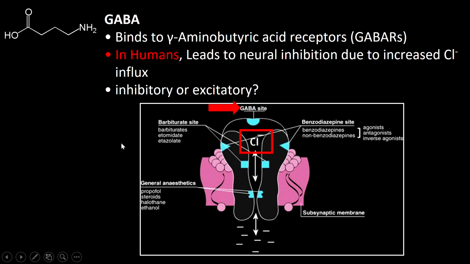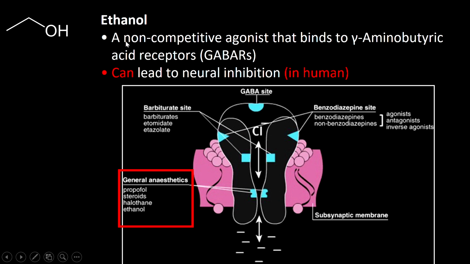Actually, alcohol is also a non-competitive agonist to GABA. See here, ethanol, that's the scientific name for alcohol. They also bind to this binding site and have a similar effect as GABA. They can lead to neuron inhibition in humans.